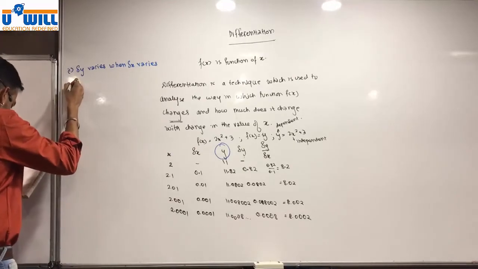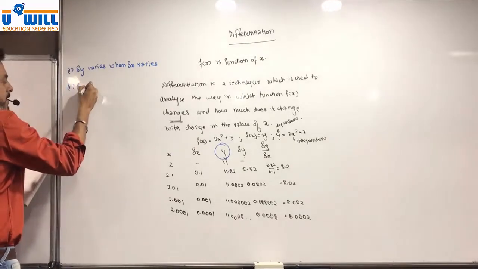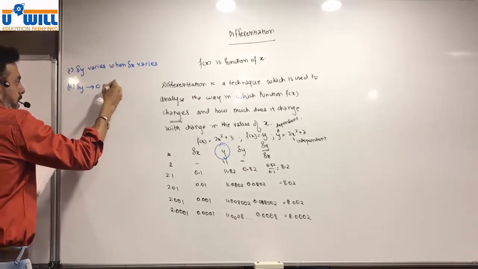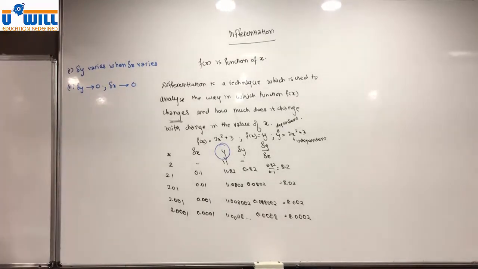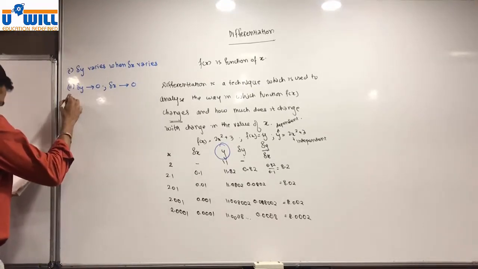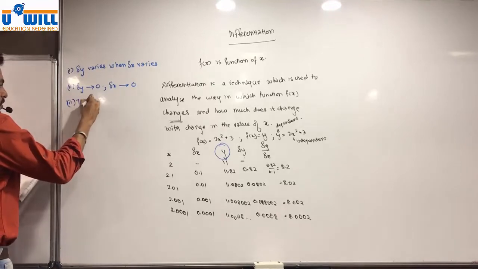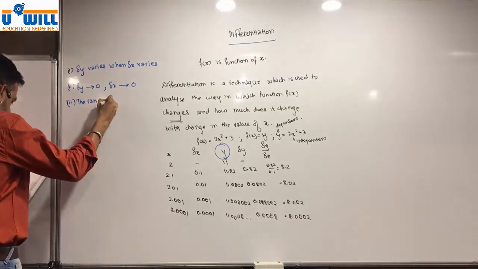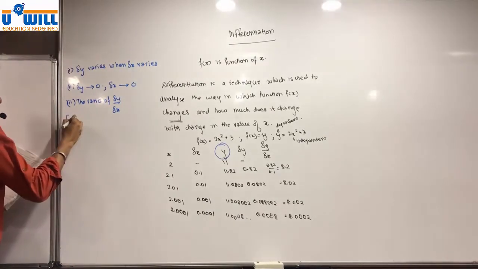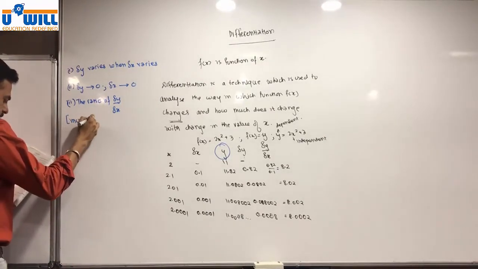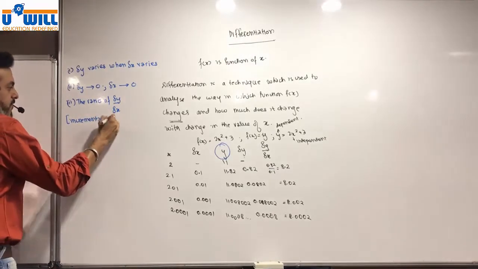Then second, delta y approaches 0 and delta x also approaches 0. बराबर है? Okay. Then third, the ratio of delta y upon delta x, also known as incrementary ratio.